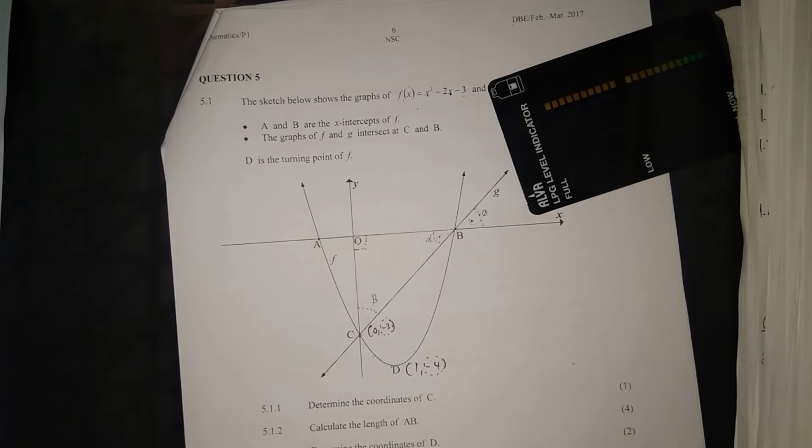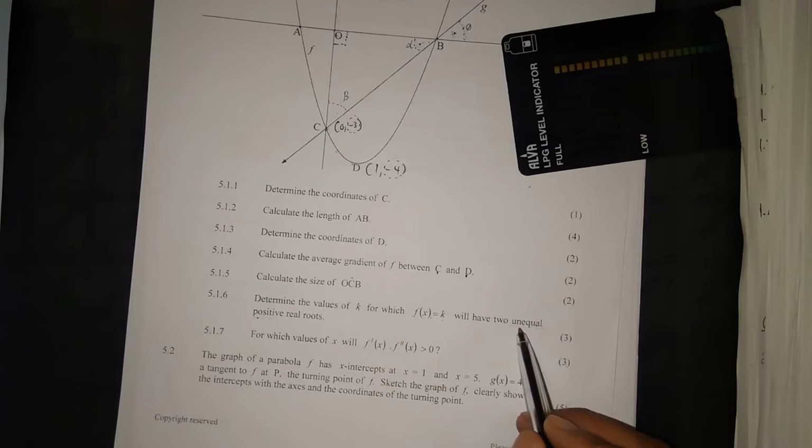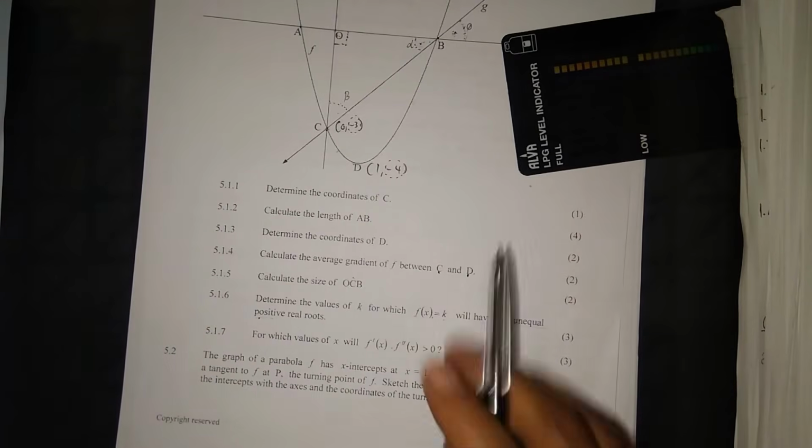These y values are the range of the values of k which will make the function have two unequal positive roots.